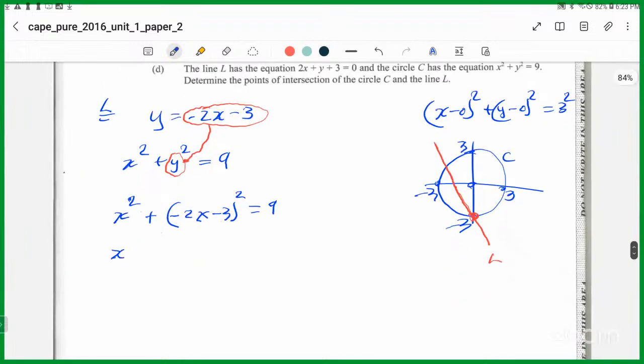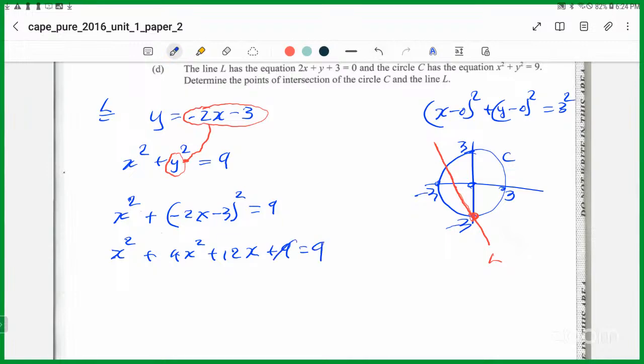You're going to get x squared plus the first term squared, which becomes 4x squared. Then twice the product of the two: you multiply this and this, you get positive 6x, and then double that to positive 12x. Then the second term squared becomes a 9, equals 9 over here, sorry.